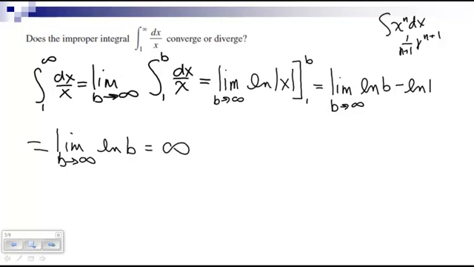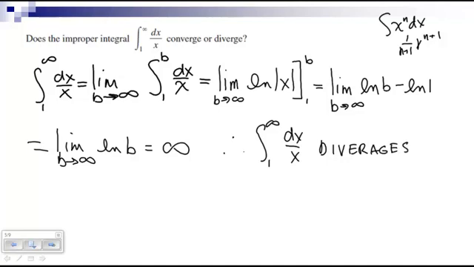But as b gets larger, natural log gets indeed larger. Therefore, the integral from 1 to infinity of dx over x diverges. It doesn't have a finite value.